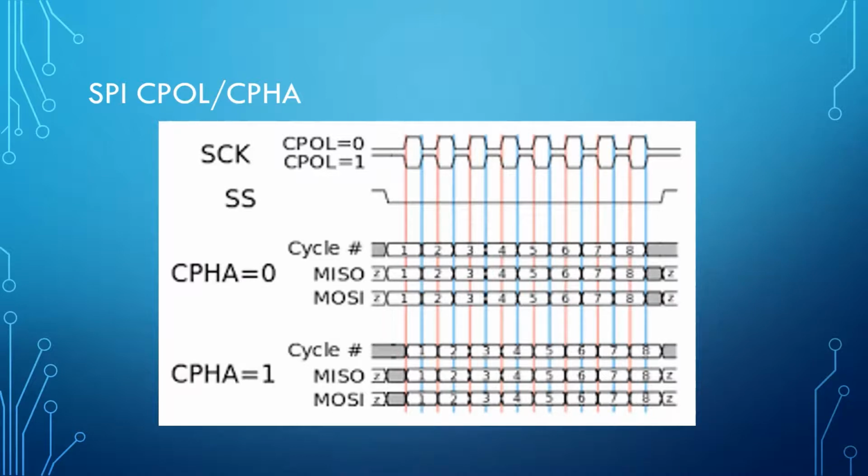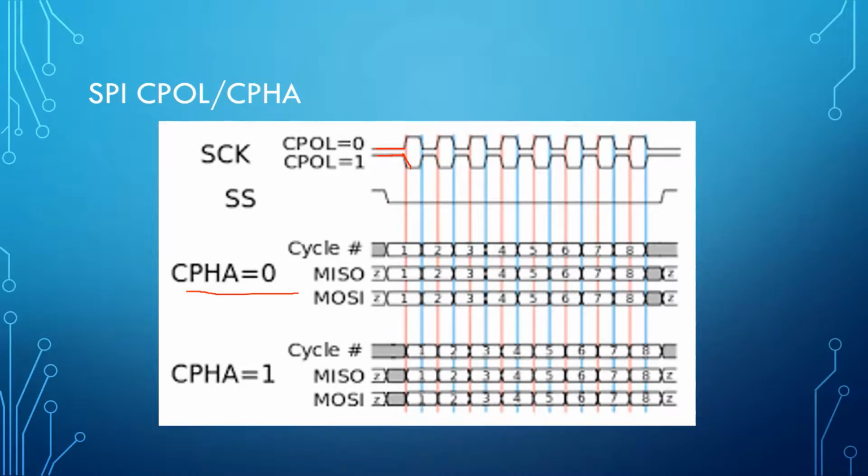Next we can see the 4 modes of clock polarity and clock phase. When CPOL is 0, the initial value of the clock is 0. When CPOL is 1, the initial value of the clock is 1, meaning CPOL 1 is the negation of CPOL 0. CPHA tells us at what edge the operation will be evaluated.